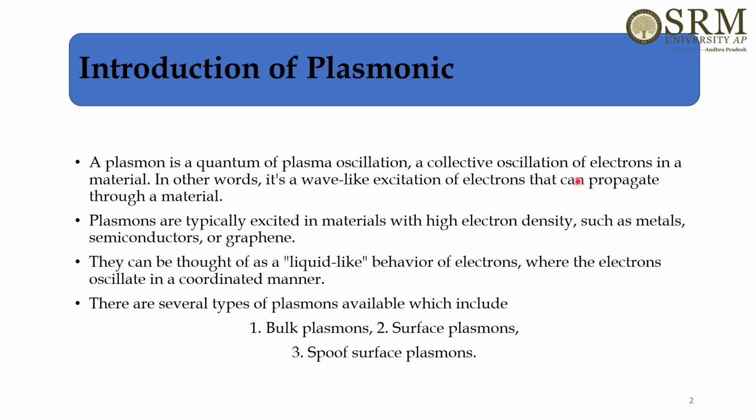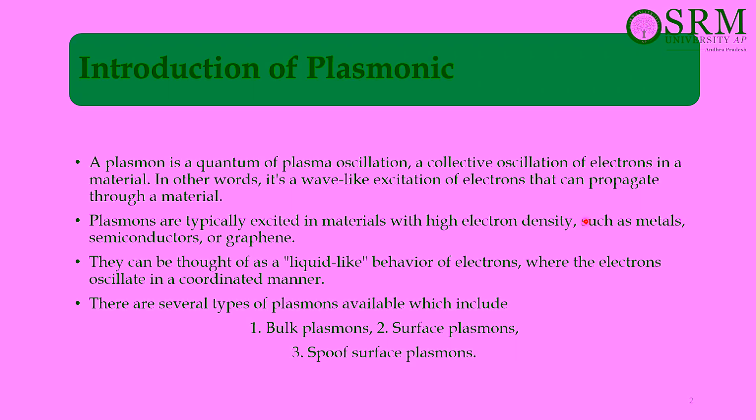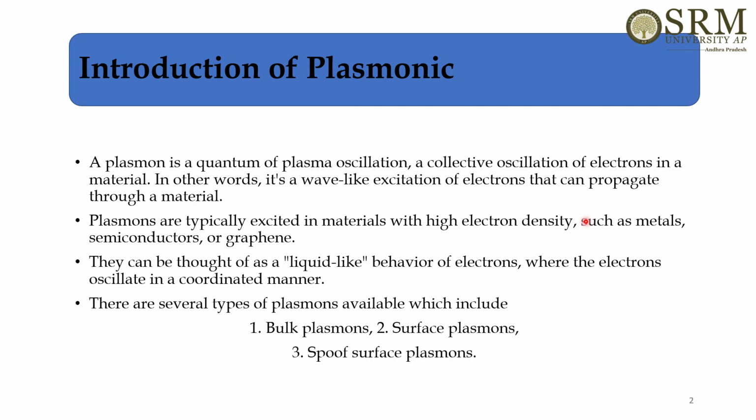Coming to the introduction of plasmonics, a plasmon is a quantum of plasma oscillations. These are the collective oscillations of electrons in a material. In other words, it is a wave-like excitation of electrons that can propagate through the material.